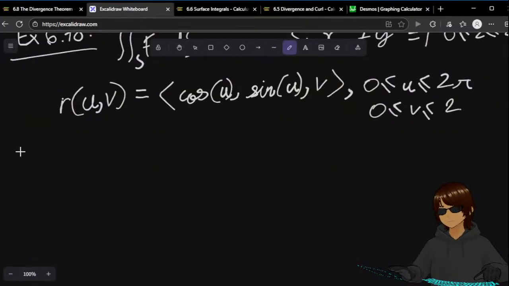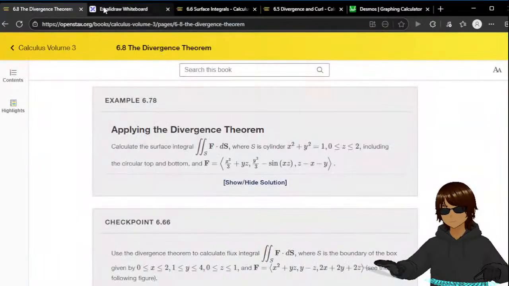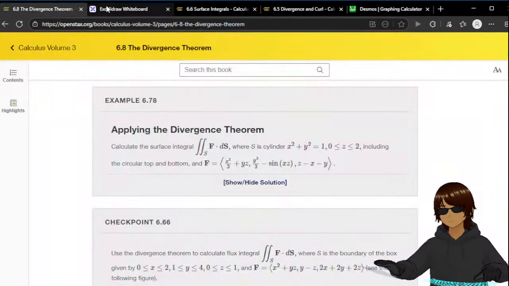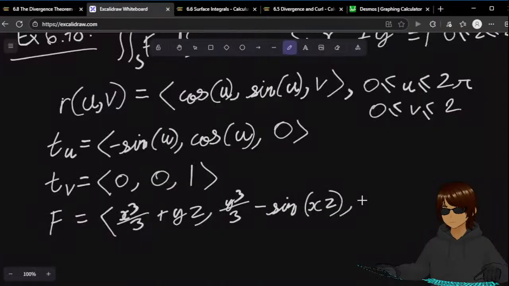And then we have the field: x cubed over 3 plus y cubed over 3 minus sine xz, z minus x minus y.